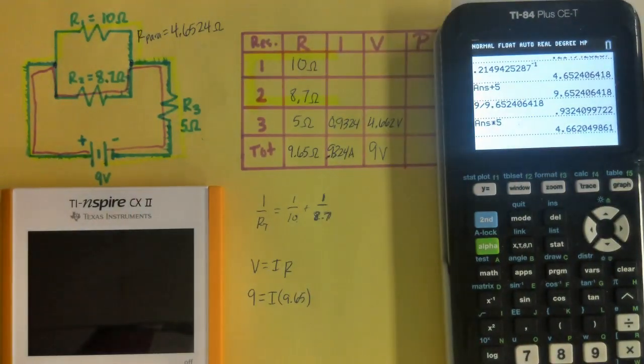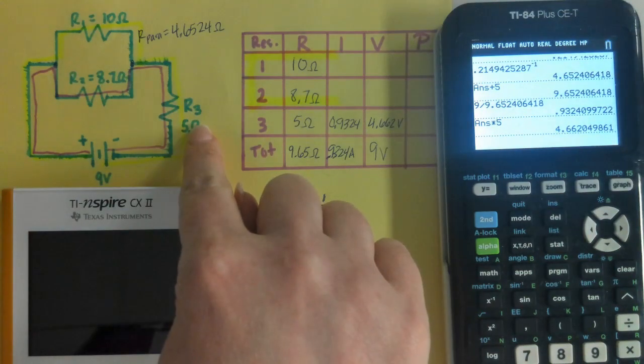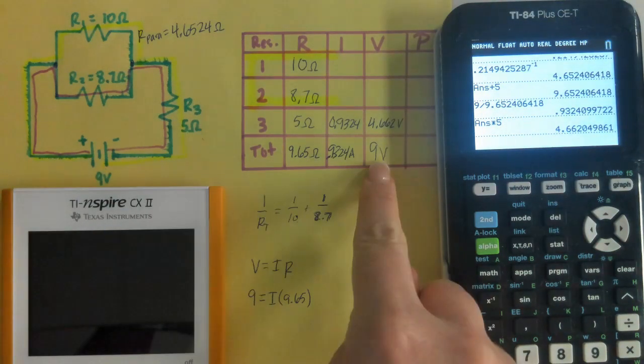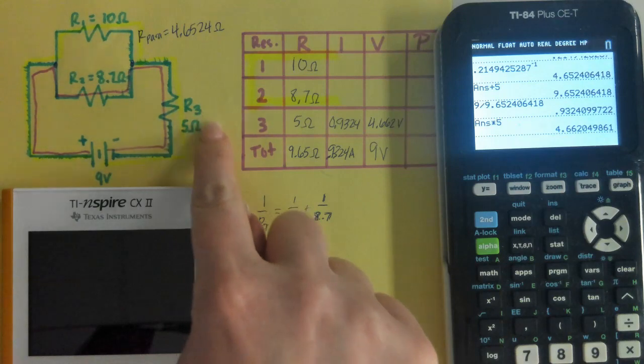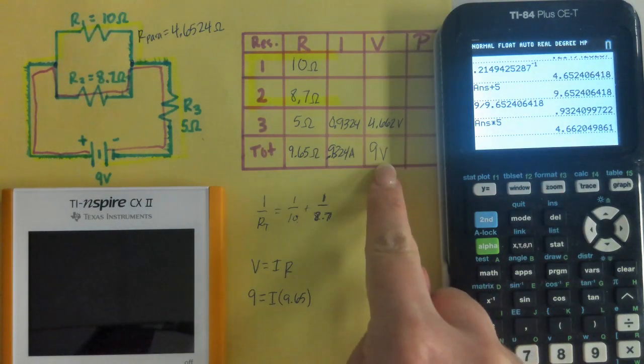Okay, but on both of those loops, my voltage drops add up to the battery. So looking at this first loop that I drew, these 2 voltage drops have to add up to 9. I already know the voltage drop here, so this plus 4.662 has to equal 9.